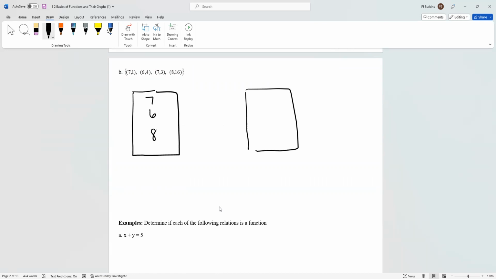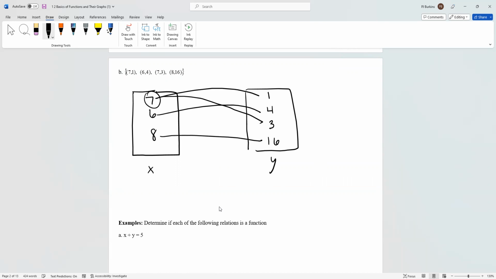And then over here, I have 1, 4, 3, and 16. 7 maps to 1, 6 maps to 4, 7 maps also to 3, and then 8 to 16. So this time, in my set X, one of the numbers maps to two different numbers in the set Y, and therefore this is not a function.